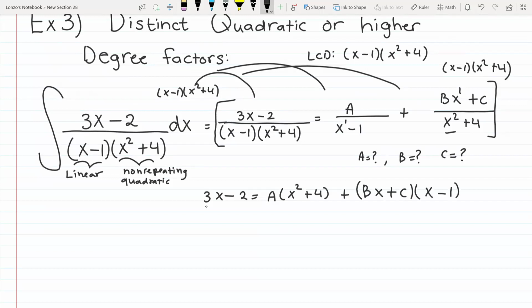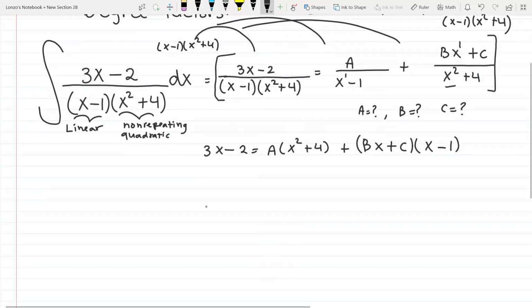Okay, so how am I going to do this? Well, what I would do first is not plug in an x value. What I would do is FOIL it out and then connect it with the left side. So what do I mean? Let's first FOIL out the right side. When you FOIL this A out, this would be Ax squared plus 4A.